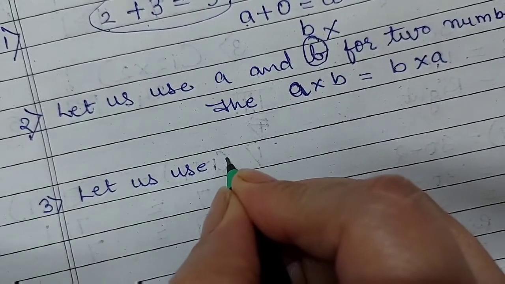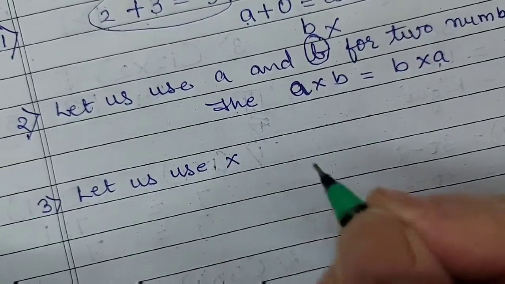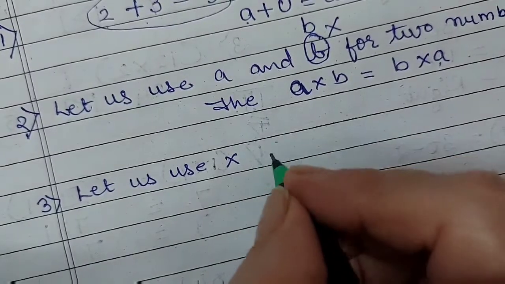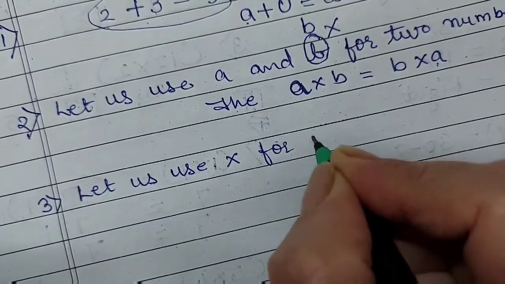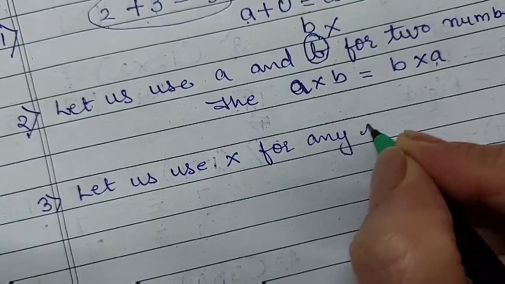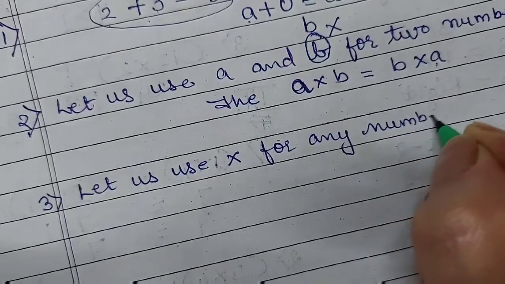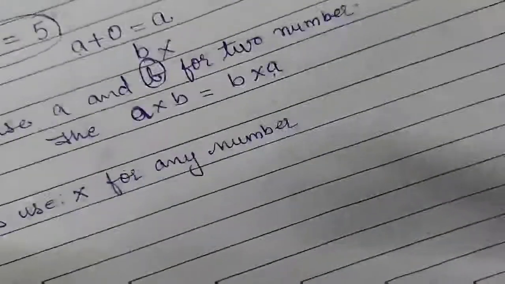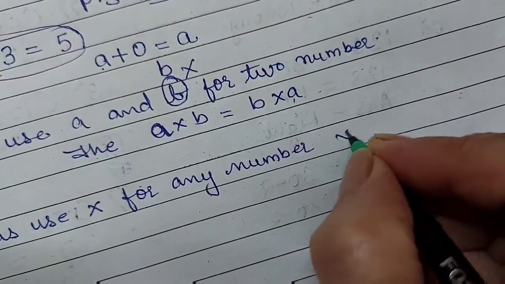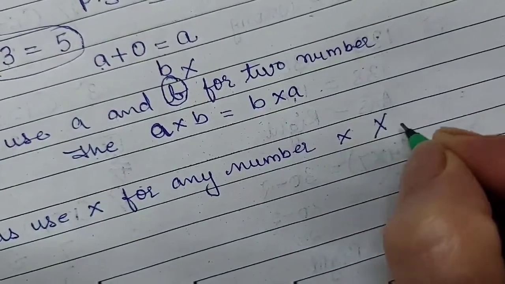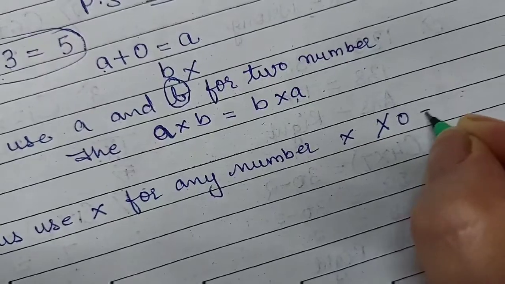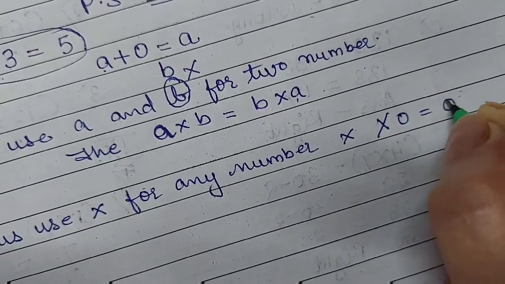Let us use X for any number. Now any number multiplied by 0 is 0, no? So what will we write? X into 0 is equal to 0.